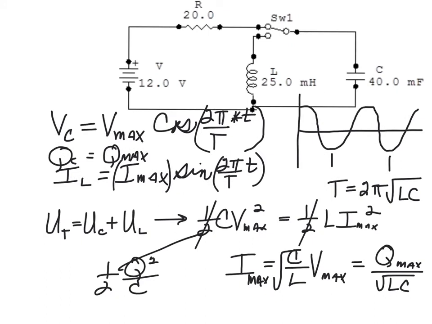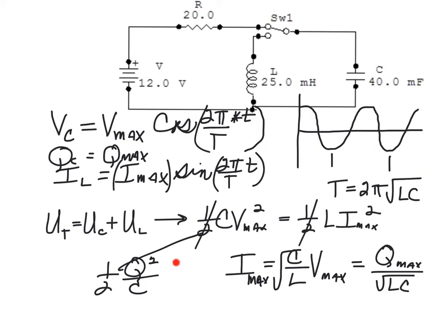Okay, there's a lot of writing here. So here's the equation. Notice I multiply both sides by 2, get rid of the 1/2. And then I solve for I max. And I get I max, taking the square root, is the square root of C over L times V max.